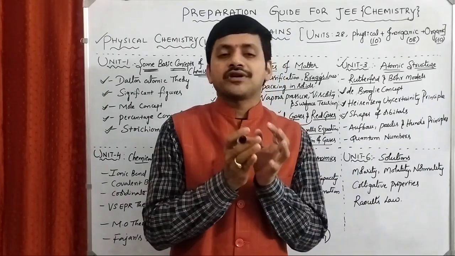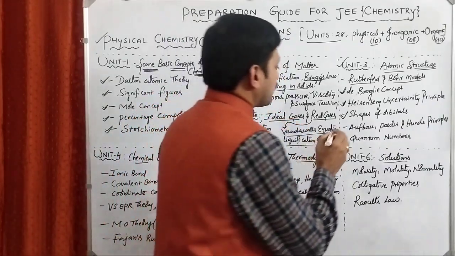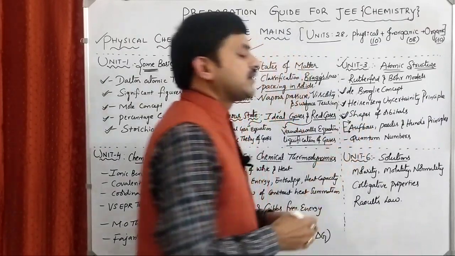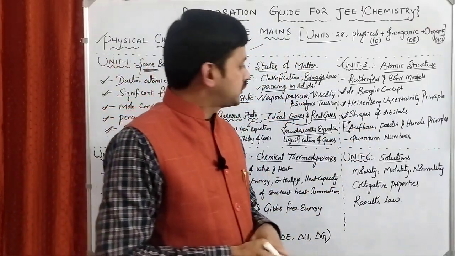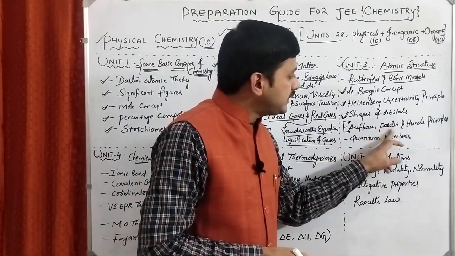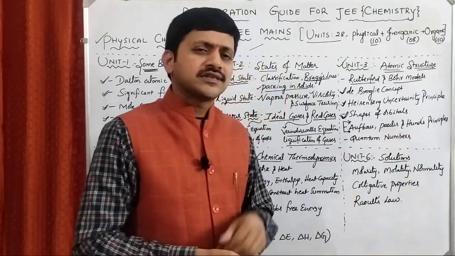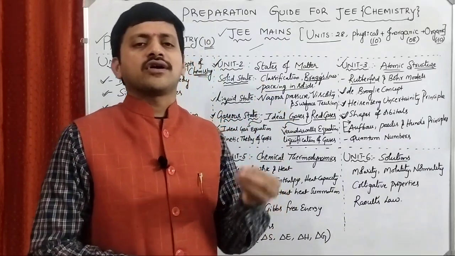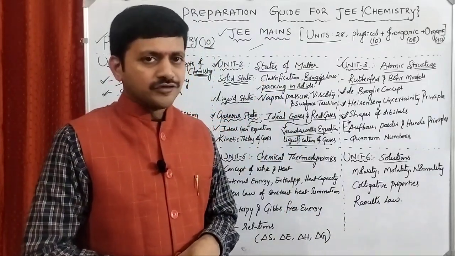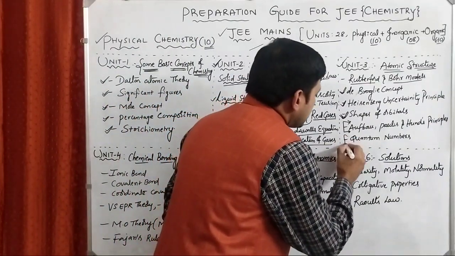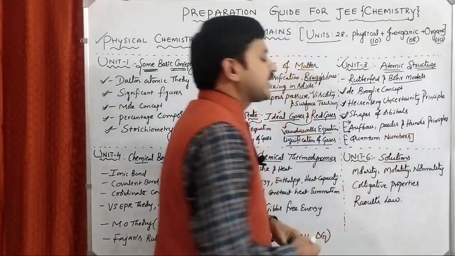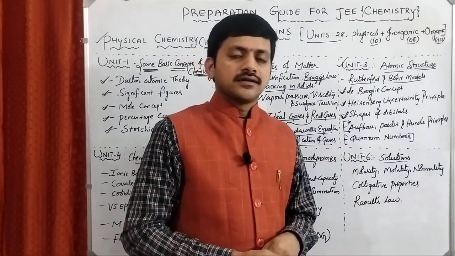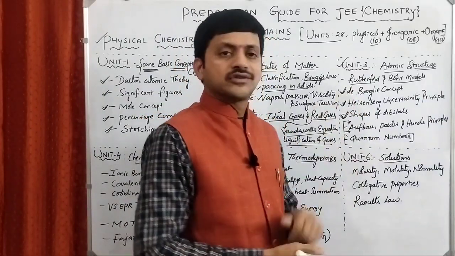This is a very important concept, shapes of orbitals. And we have some principles regarding electronic configurations: Aufbau, Pauli's and Hund's principles. These are very simple principles. You have already come across them from the 10th class onwards. Quantum numbers are also one of the important portions. This is all about atomic structure.